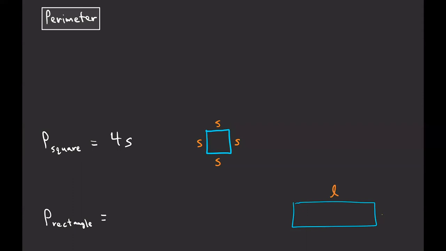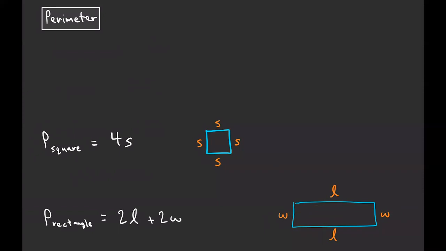What we'll notice is that because it is a rectangle, this side down on the bottom is also L, and this side over here on the left is also the width. That's what makes it a rectangle. If I add all of these up, L and W and L and W, I have two L's and two W's.